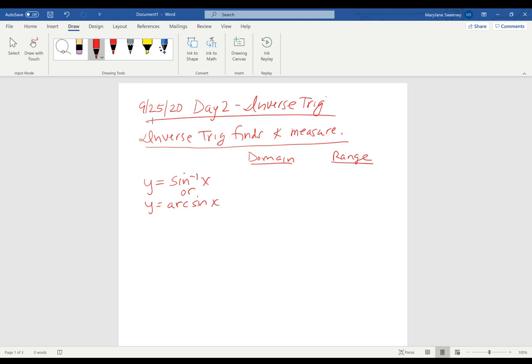Arc sine and inverse sine mean the same thing. The domain of an inverse sine is between negative 1 and 1. The range, meaning the angle measure you're going to give, is between negative pi over 2 and positive pi over 2.